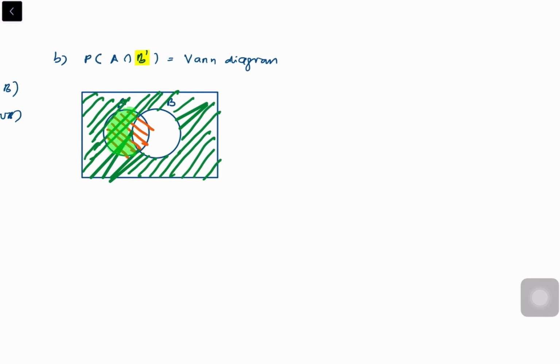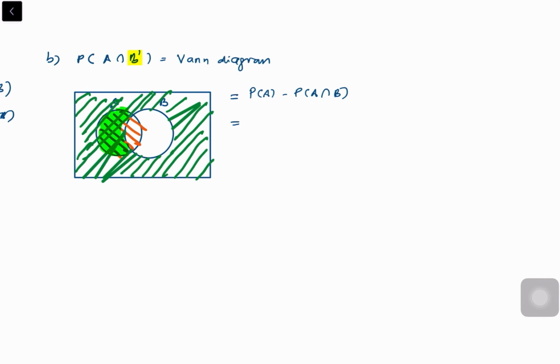This is equivalent to the probability of A minus the probability of A intersect B. Since we already have the values of P(A) and P(A intersect B), P(A) is 1 over 3 minus the intersection of AB, which is 1 over 12. After calculating this value, we have 1 over 4.